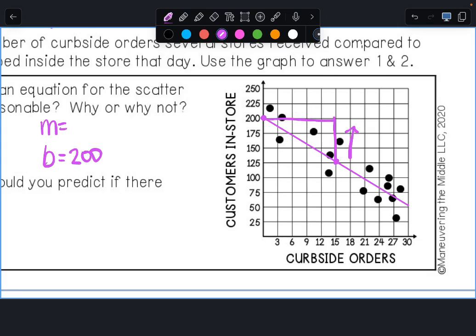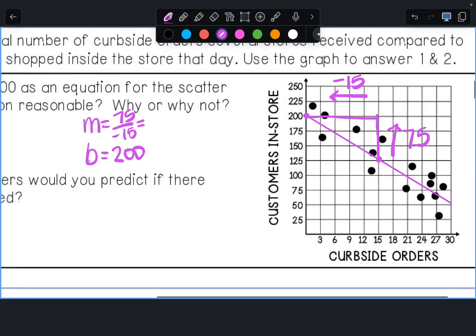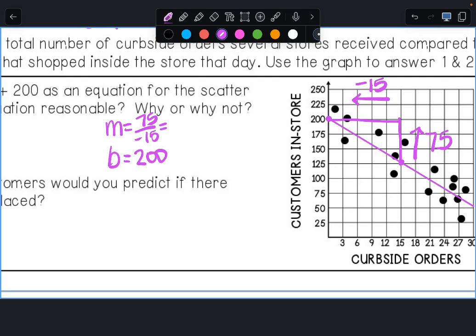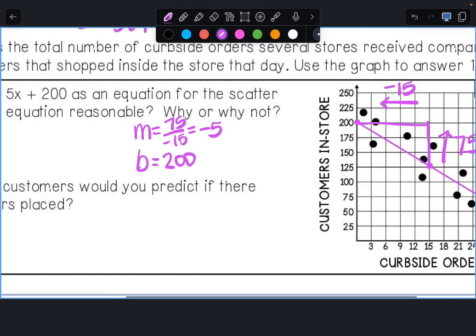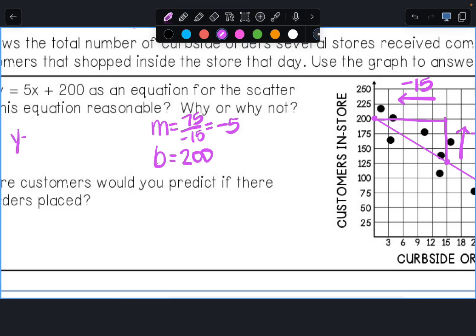So the rise is 75. What's the run? Going by 3s. Negative 15. So 75 over negative 15 simplifies to what? Negative 5 over 1. So the slope is negative 5. The equation of our line is y = -5x + 200.